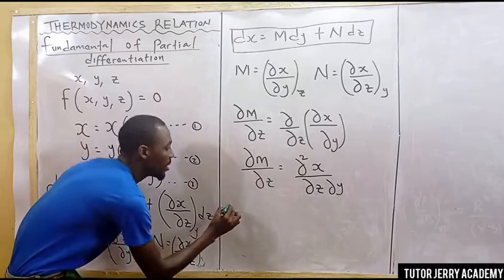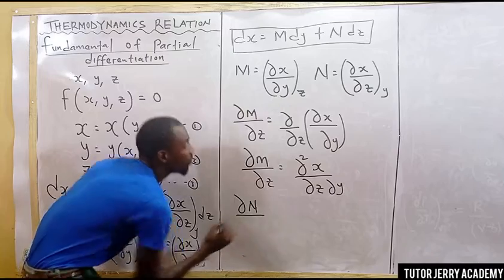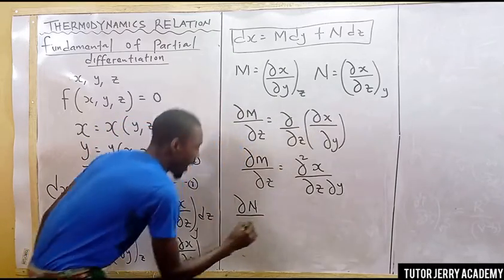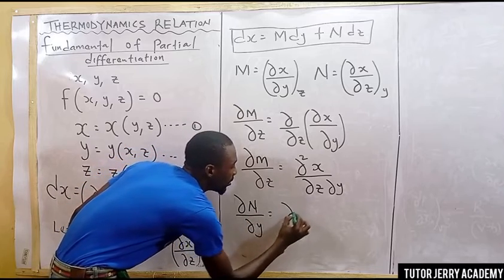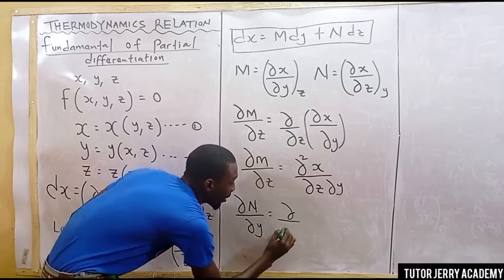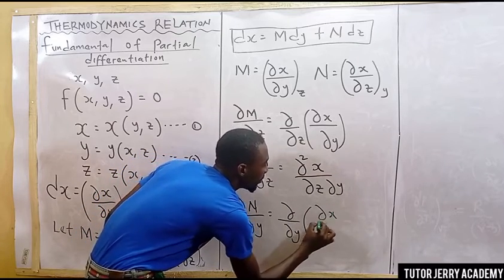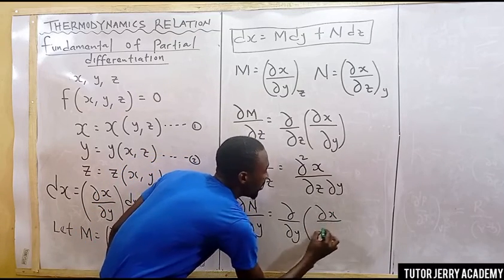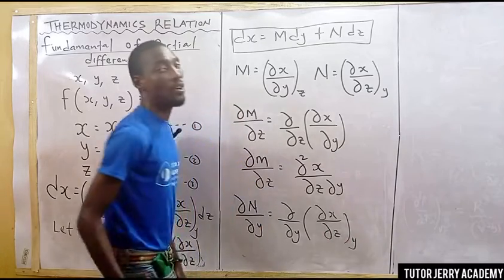All right. So what we did here, let's apply it to N as well. So we are going to say the partial derivative of N with respect to y. We are going to differentiate with respect to y, which will be equal to the partial derivative over the partial derivative of y into the partial derivative of x with respect to the partial derivative of z, keeping y constant.